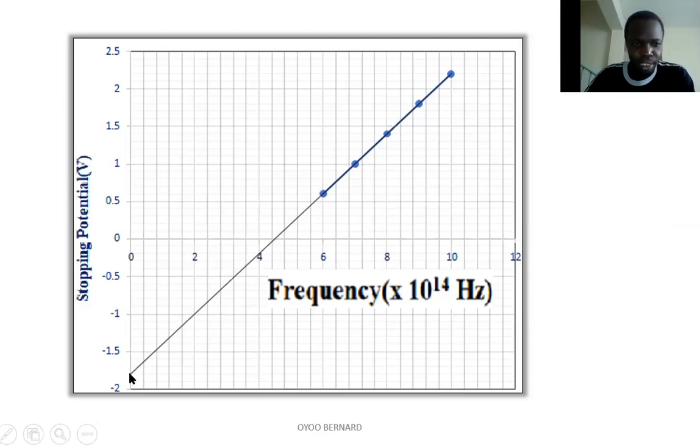And then there is also this point where it cuts the other axis, the stopping potential axis, the y-axis. So that is the graph. I drew mine from Excel. You can draw yours as well on graph paper.